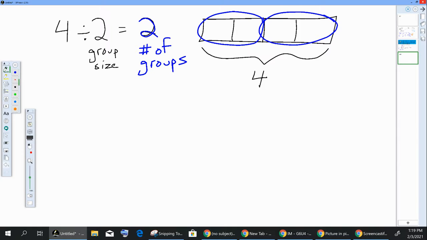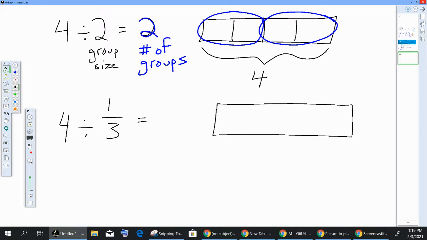So then I would ask you to think about 4 divided by 1/3. Again, understanding that 1/3 is the group size. So if I build my same block or tape diagram that is 4 units, the group size is now 1/3. Remember, I'm just going to write GRSC.